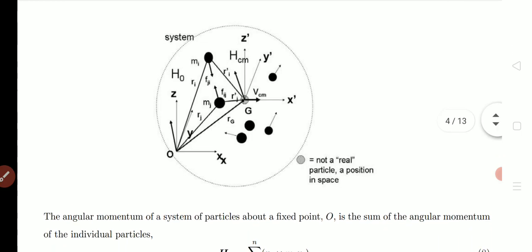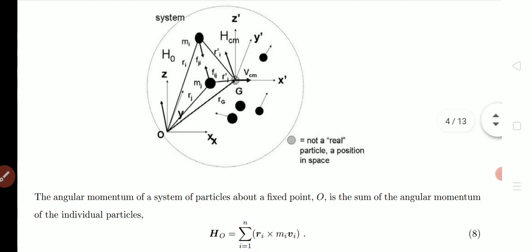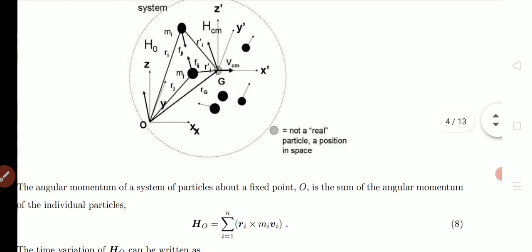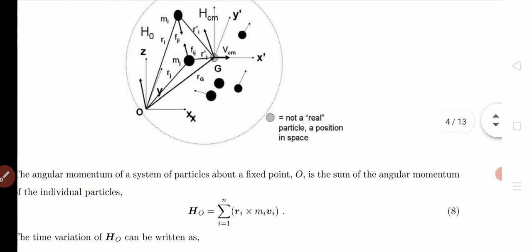The angular momentum of a system of particles about a fixed point O is the sum of the angular momentum of individual particles. That means H_O is equal to the summation i equals 1 to n of r_i cross m_i v_i.